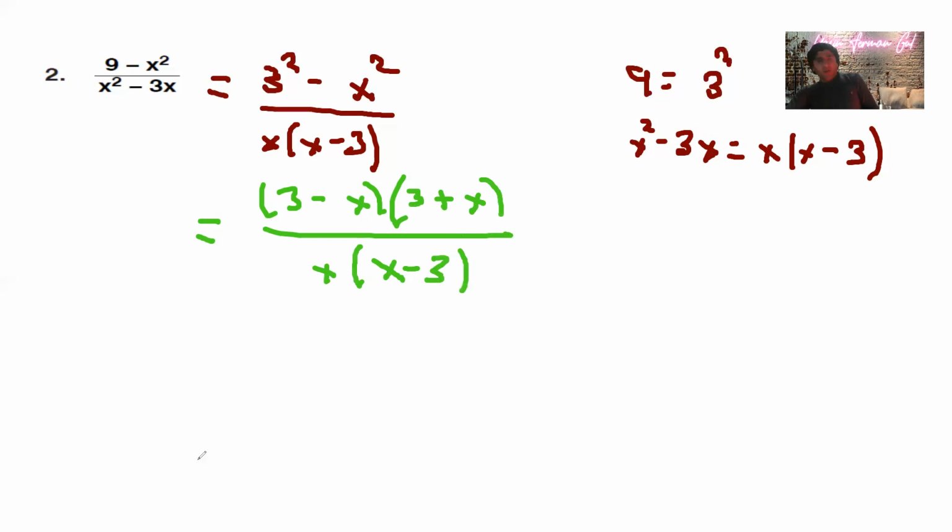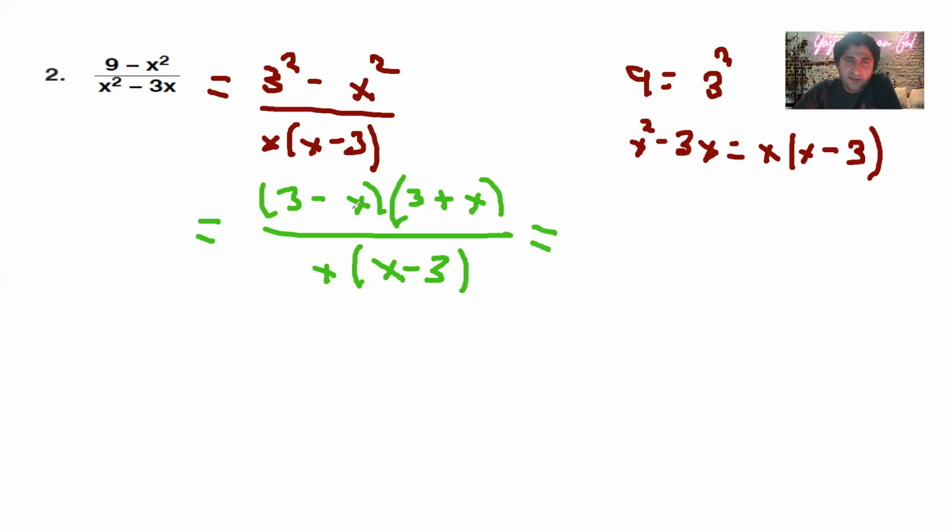So 3 minus x times 3 plus x, and here I have x times (x minus 3). When we look at this, you can see x minus 3 here.